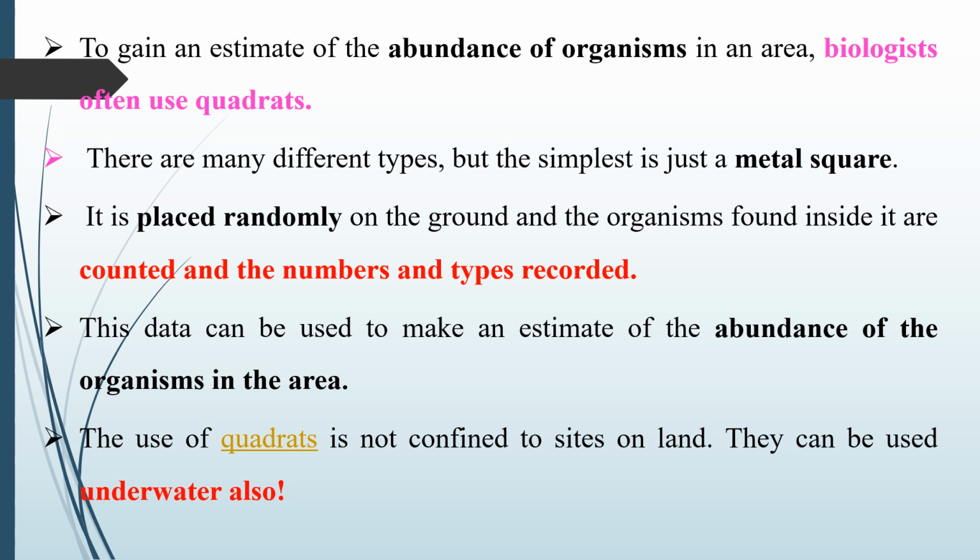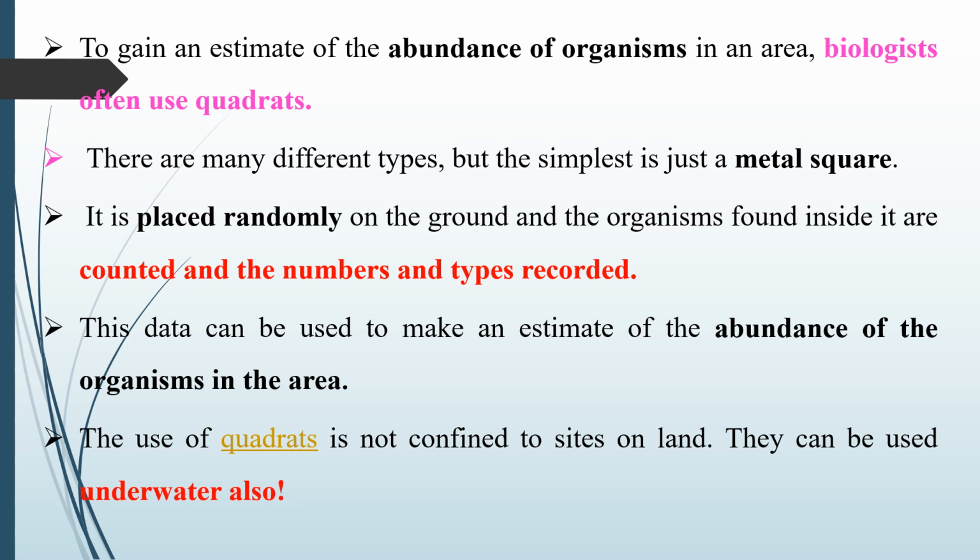It is placed randomly on the ground and the organisms found inside are counted and the number and the types are recorded. So put lafa keenya randomly ergasii immoo organismoota achi keessa jiran lakkoofna number isaa type isaa adda baasnee record goonee qabanna. This data can be used to make an estimate of the abundance of the organisms in the area.